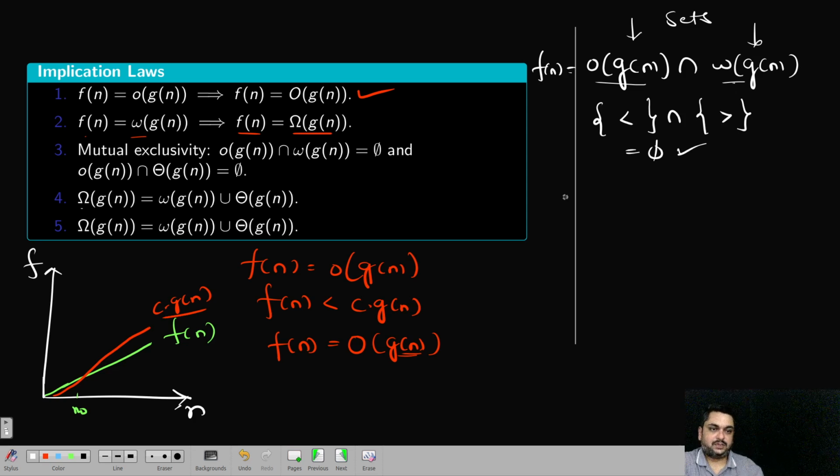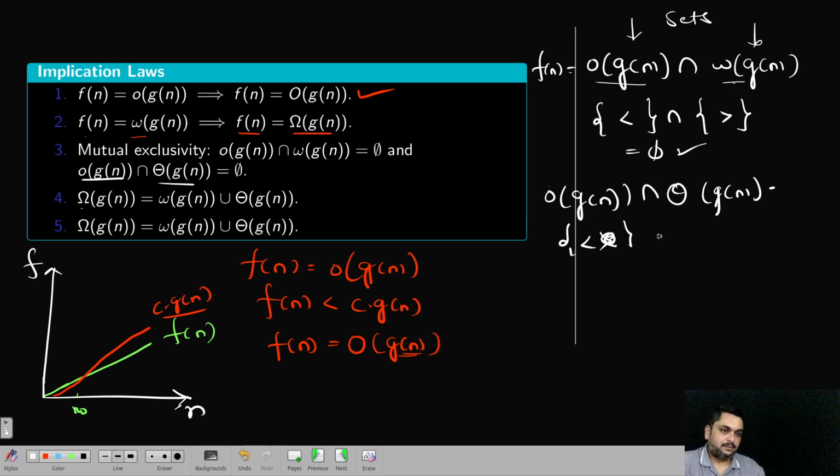Similarly, intersection with theta of g of n: little o of g of n intersection theta of g of n. What will it be? Little o is less than, and theta means equivalent. So again the intersection is empty, null. This is how you have to solve.